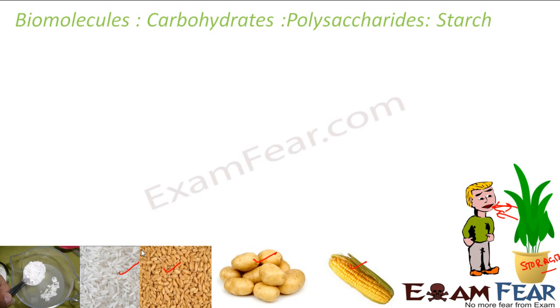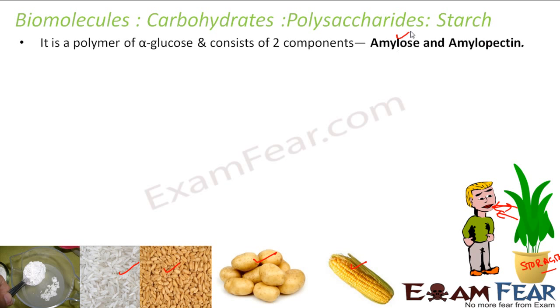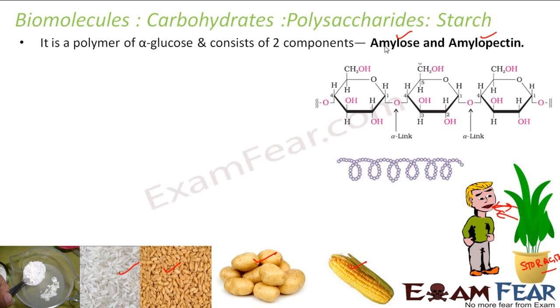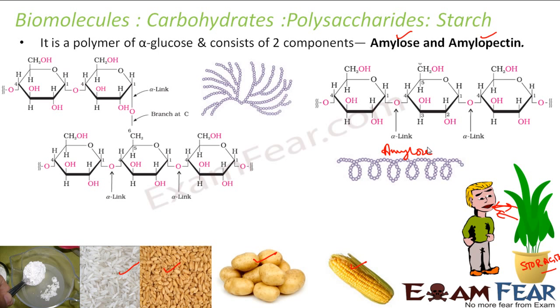So it consists of two things: amylose and amylopectin. Actually, there are two different types of starch. Amylose is water soluble, this is my amylose and this is my amylopectin. Amylopectin is water insoluble.